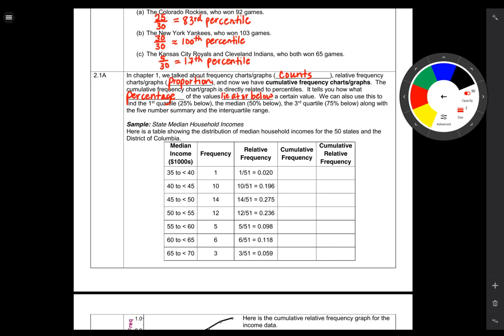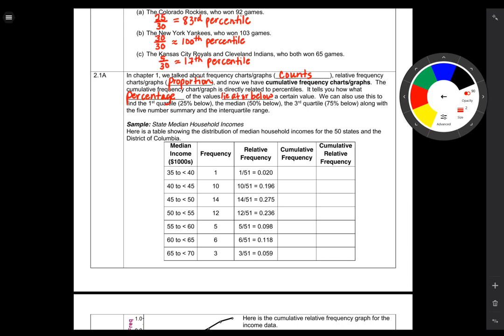The second column gives you the frequency, the number of states with that income. The relative frequency you get by taking 1 out of 51, because there are 50 states and the District of Columbia. The next one would be 10 out of 51, and so on. That's for the third column.